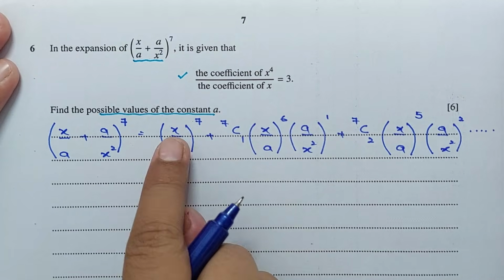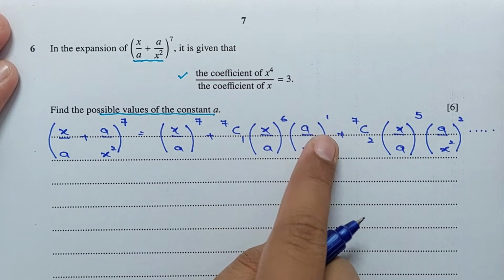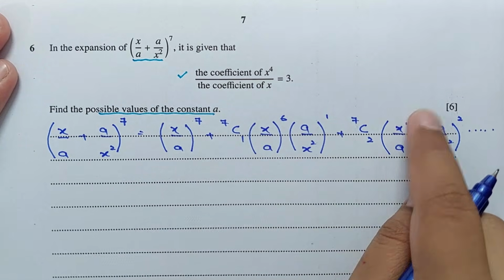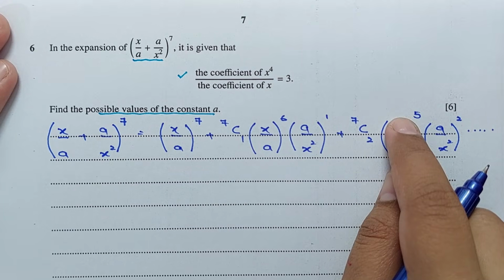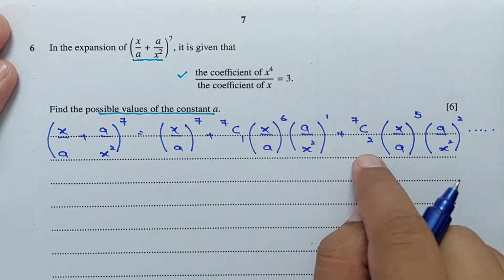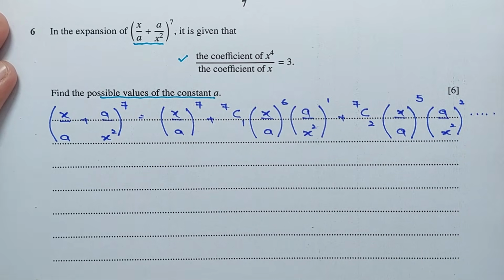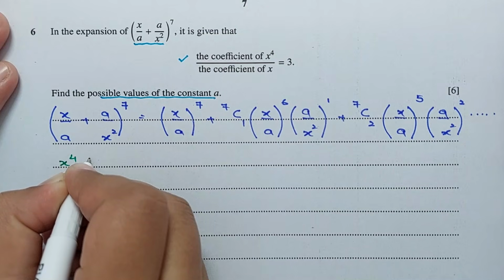Now this is the x to the power 7 term, and here x^6 and x squared gives you the x^4 term. This is x^5 and this is x^4, so this gives the x term. So no need to expand it further. First we need to figure out the x to the power 4 term.